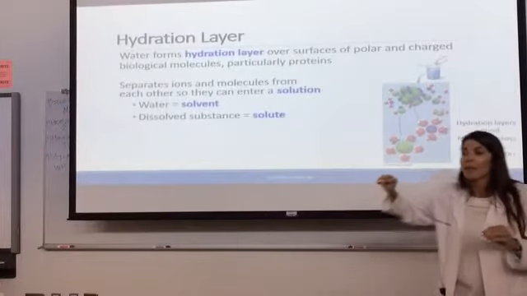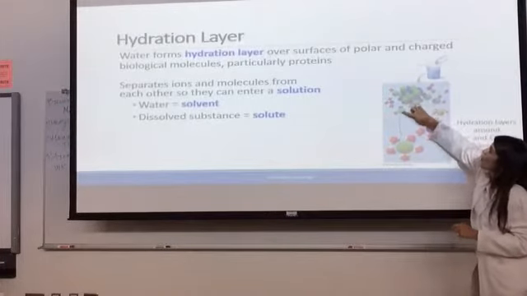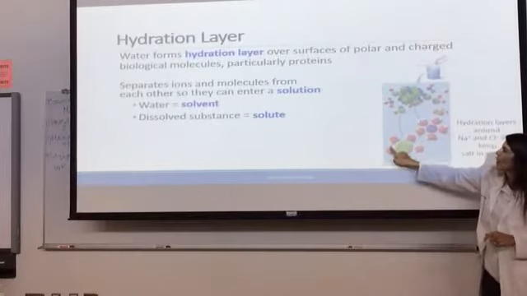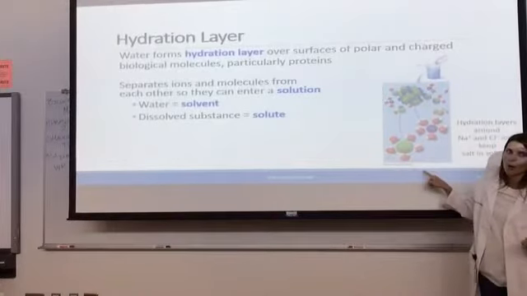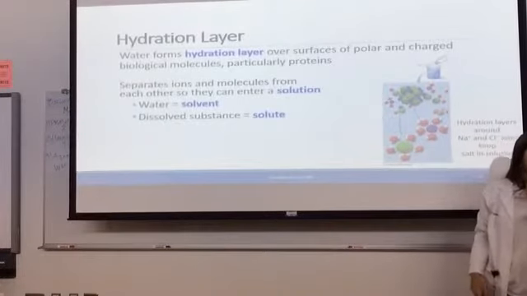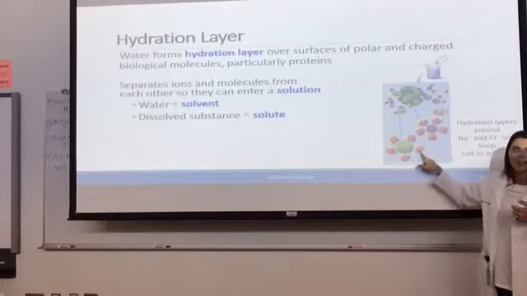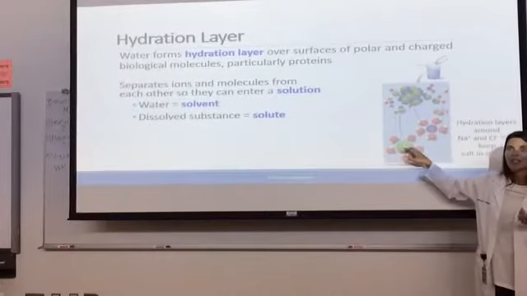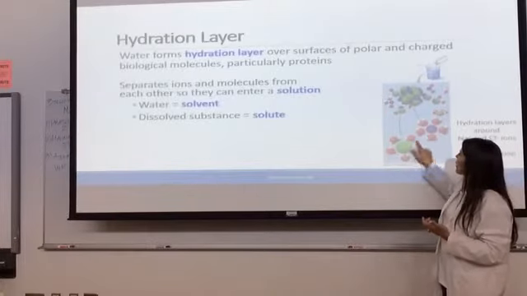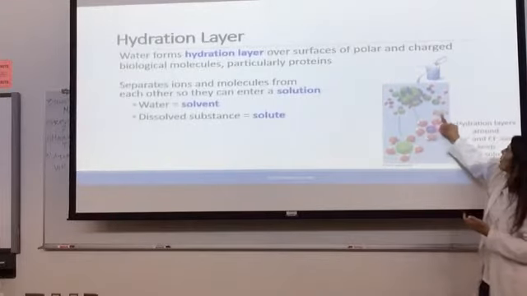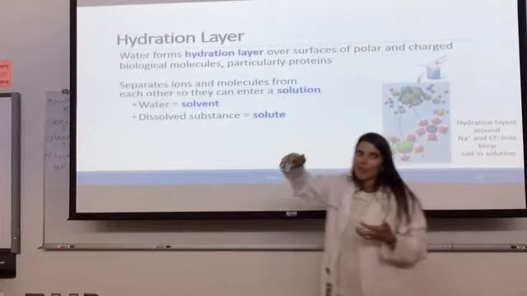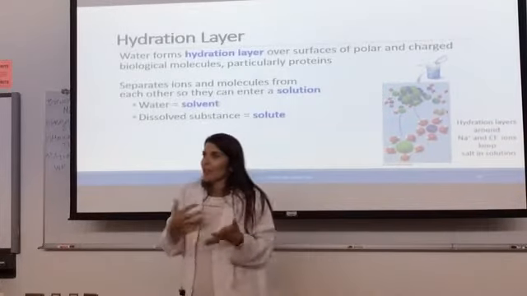The way it happens is slowly the sodium and the chlorine molecules separate and they are surrounded by H2O. What's H2O? Water. So it's a layer of water. It's dissolving that salt by creating a hydration layer around each atom. That's hydration layer is the way we say it's dissolving.